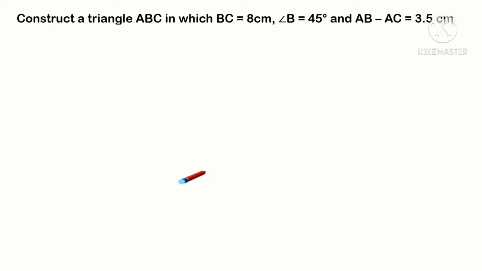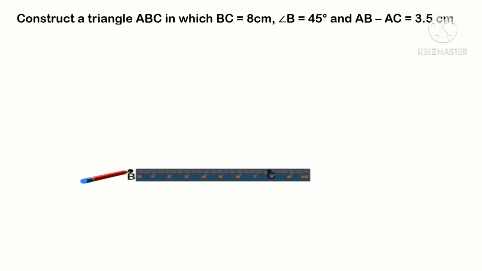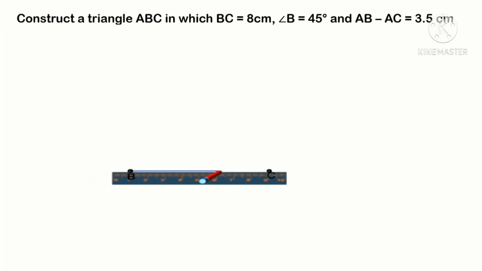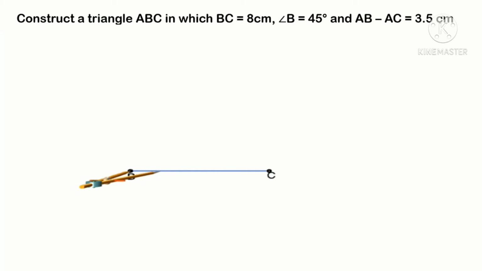So we need to construct first line segment BC. Next, to draw an angle of 45 degrees at point B, we'll draw an arc of any suitable radius.